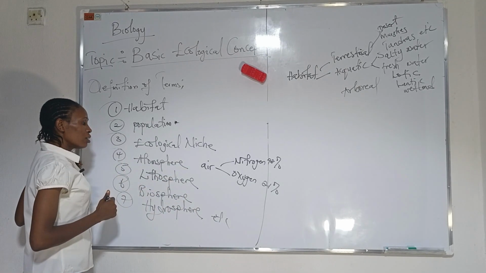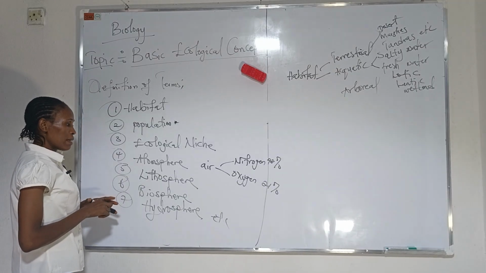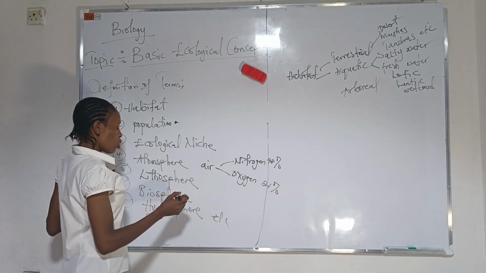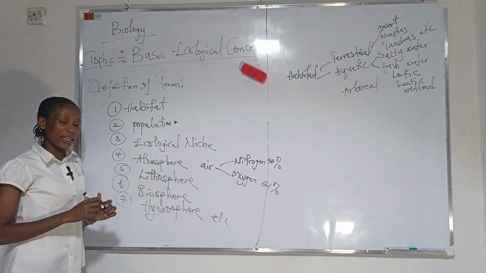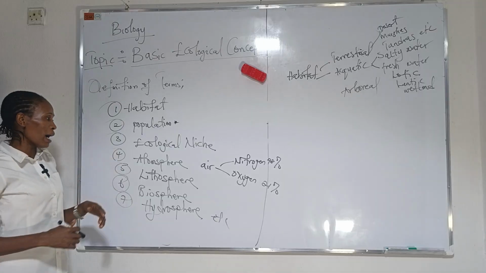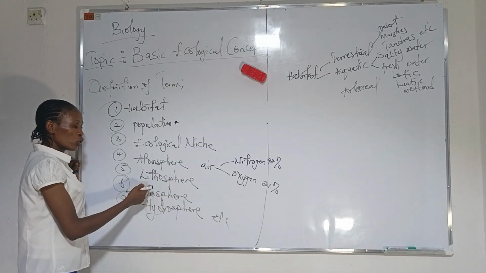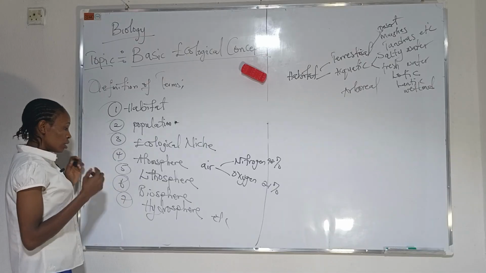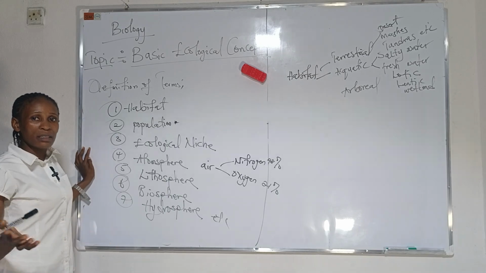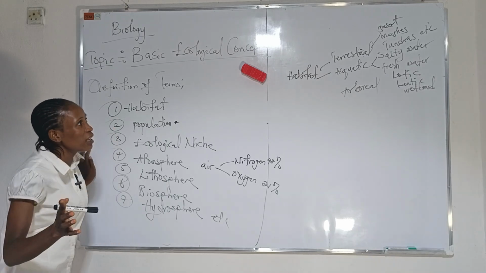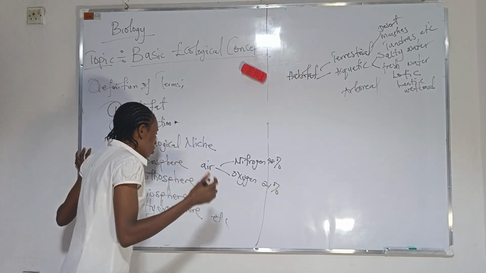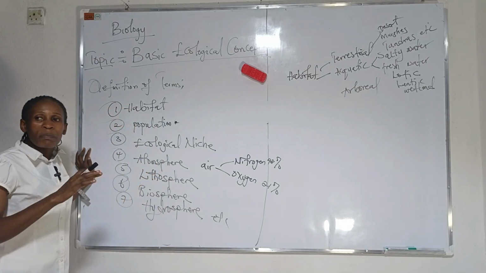Okay. The next one is lithosphere. When you hear lithosphere, your mind should go straight to the solid part of the earth. Talk of rock, land masses, etc. Atmosphere, air. Lithosphere, I am referring to the solid part of the earth. Sometimes we look at the topography of an area, how it looks, if it is hilly, or if there is a mountain or valley.